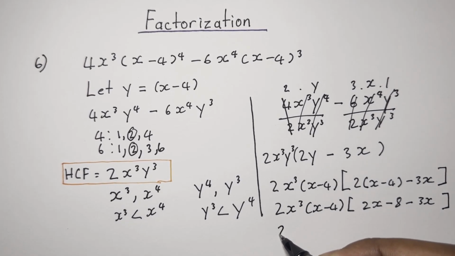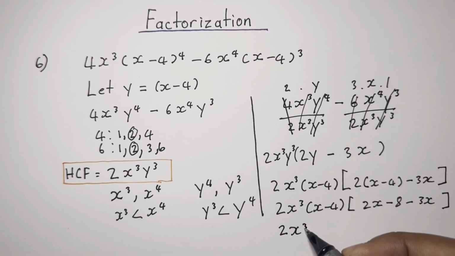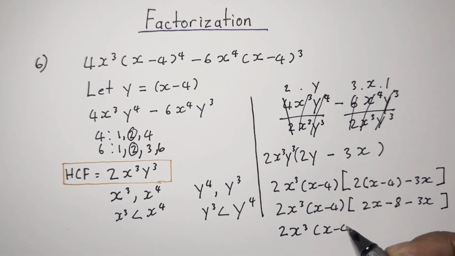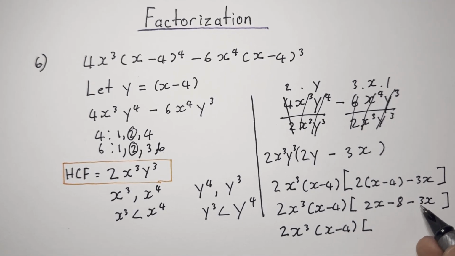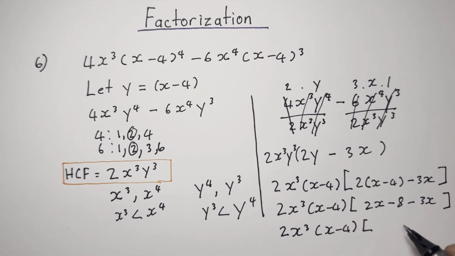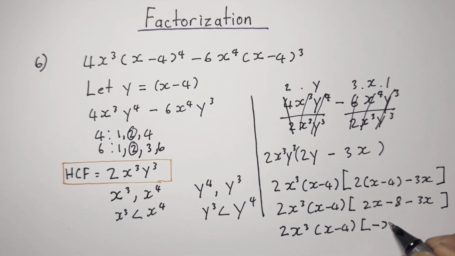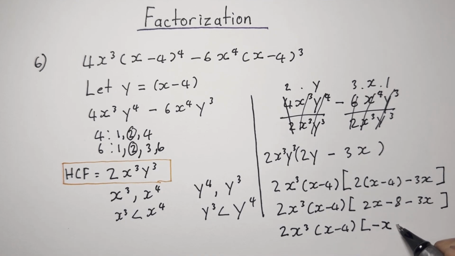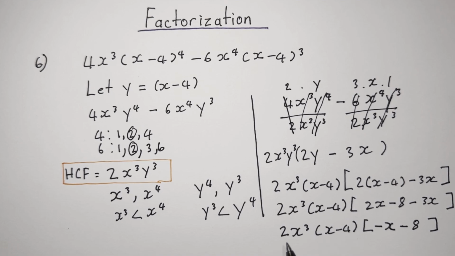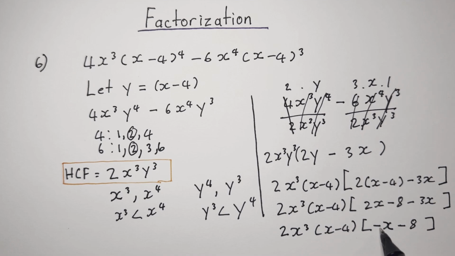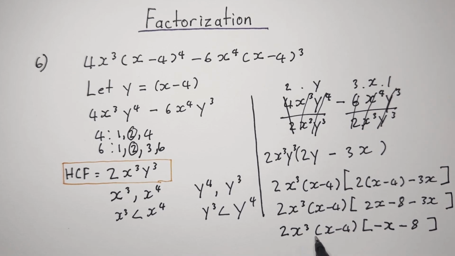So we're left with 2x cubed (x minus 4)(2x minus 3x equals negative x minus 8). And this could be our answer, but in the maths world, it's always best to bring the negative sign to the front of the expression.